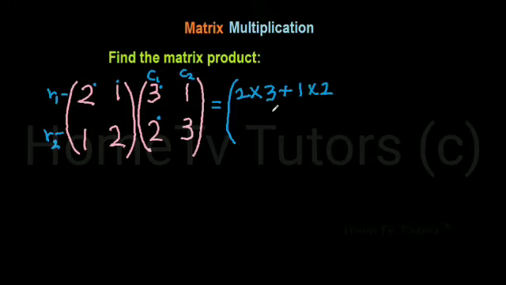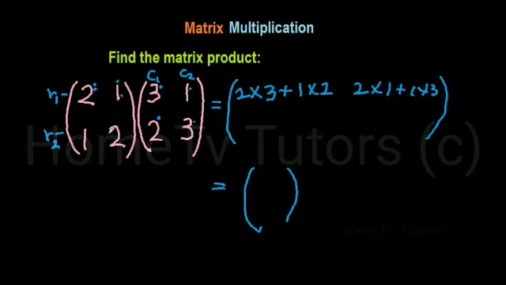That is what is going to occupy the element of the resulting matrix. Okay, so you still take the same row to the next column. You do the same thing with the next column. Okay, so we have 2 times 1 plus 1 times 3. Then you come down to the next row of the first matrix, which is 1 and 2.